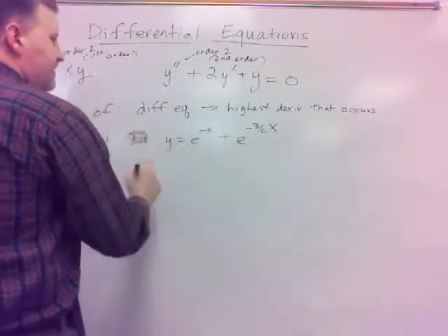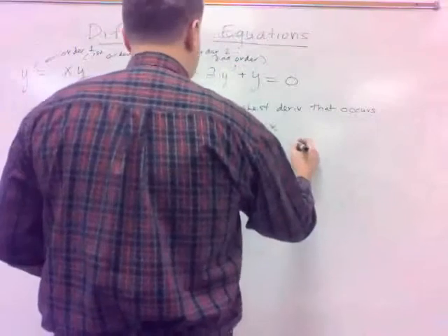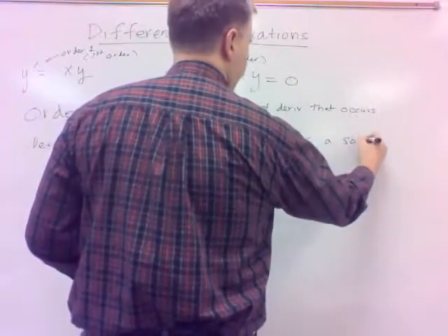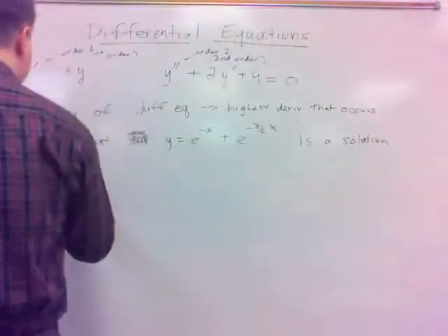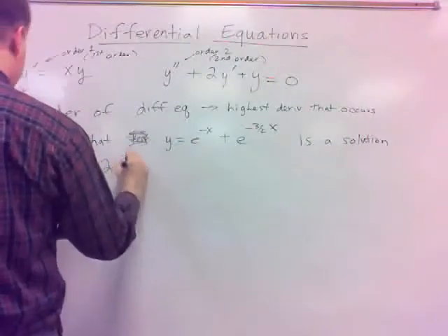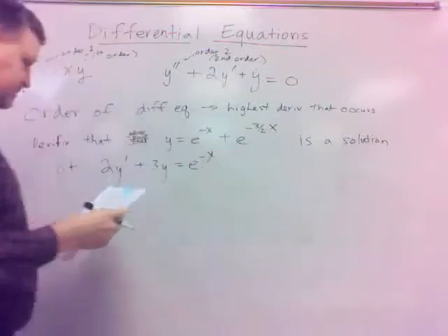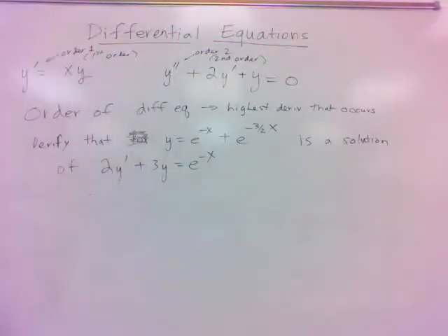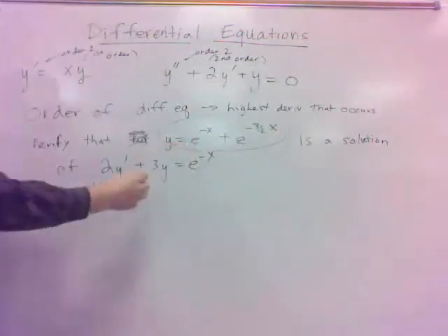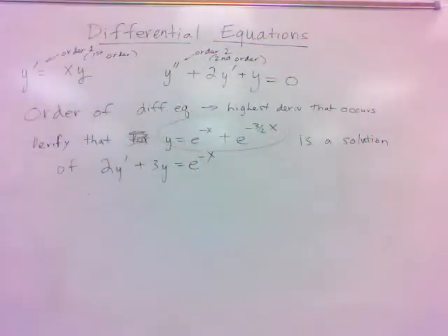Verify that this is a solution of the differential equation 2y prime plus 3y equals e to the minus x. So in other words, for this to be a solution, it's got to work in this differential equation, right? It's the function and its derivative. Plug those in, and that's all we're going to do for these, just to see how these solutions do work.